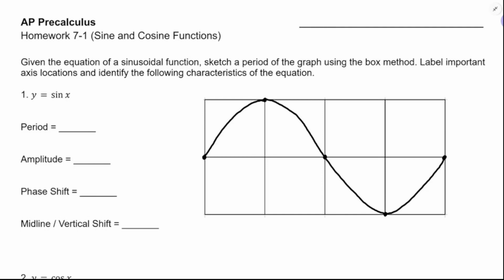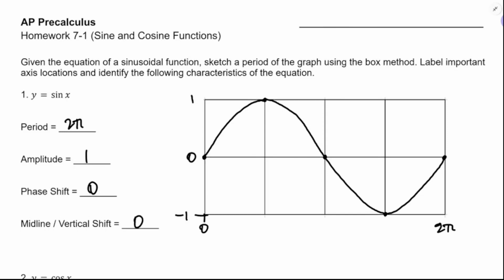Okay, and then what we did, we said the standard period's 2 pi, the standard amplitude's 1, there's no shift or anything going on here. Because there was no phase shift or vertical shift, these are zeros here. The period's 2 pi over here in x coordinate. In y, I'm down at -1, and I'm up at 1 up here.